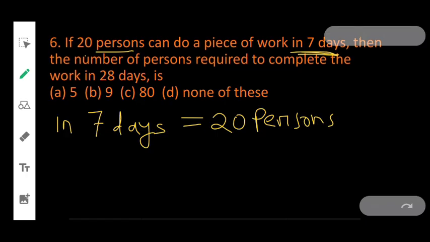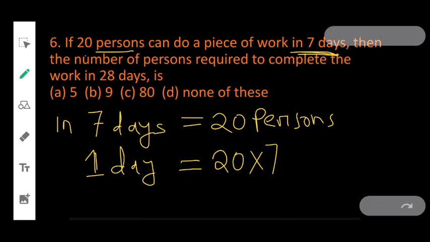Now in one day the same work can be done by 20 multiplied by 7, because this is inverse variation. Okay, so inverse variation, when you are calculating the value of 1 unit, you have to do multiplication.